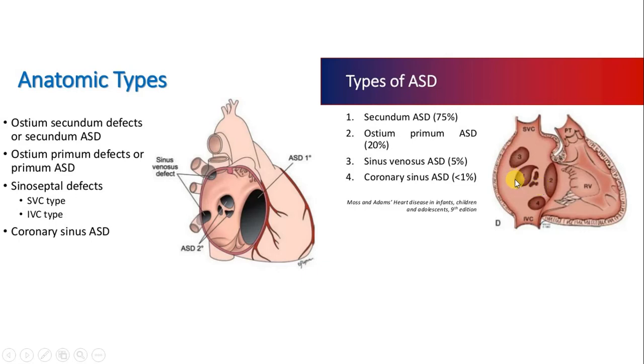Sinus venosus ASD, 5%, where the superior vena cava and inferior vena cava open into the right atrium. Here is the defect. Coronary sinus ASD, here is the coronary sinus, is less than 1%. So secundum ASD is very common, 75%. The atrial septal defect occurs here.